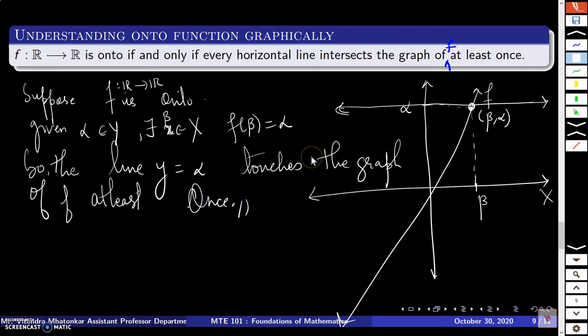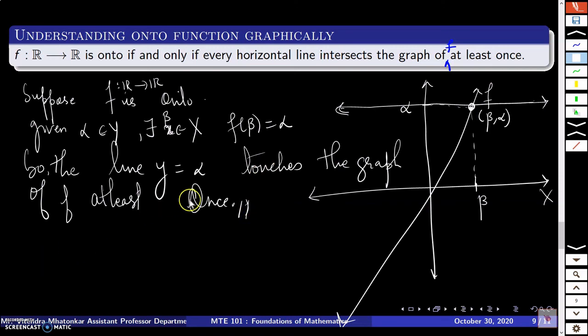And that's how you can check whether a function is onto or not graphically. If you are able to find one horizontal line which does not touch the graph of the function, of course that function has to be a function from R to R, then you can conclude that the function is not onto. Okay, so this is how you can understand onto functions using their graphs.